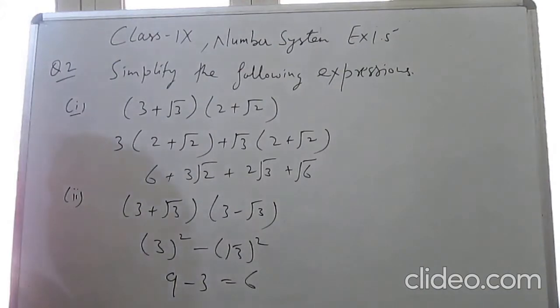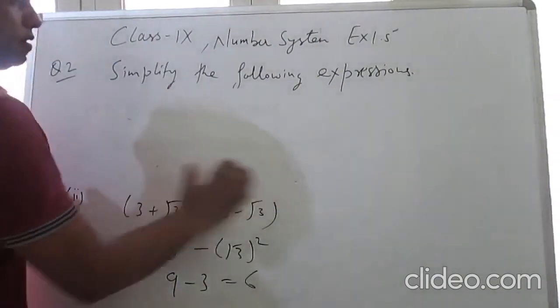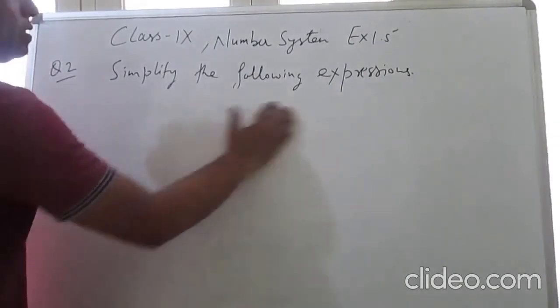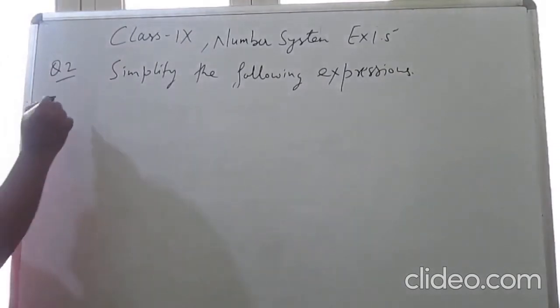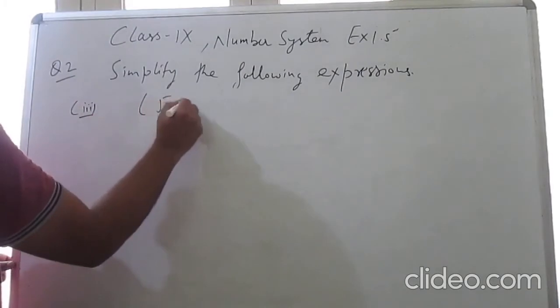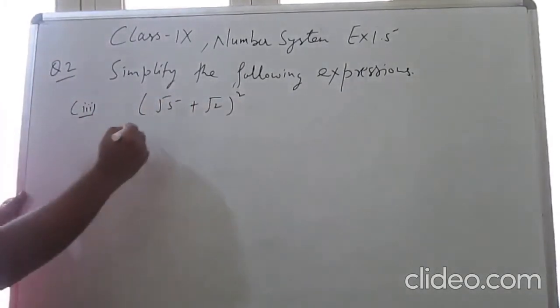Now I will do one more part. Third part, (root 5 plus root 2) whole square. We will use the identity (a plus b) whole square.